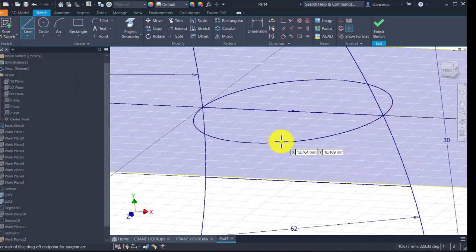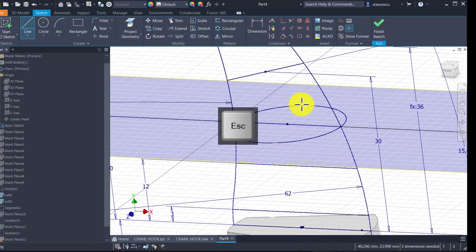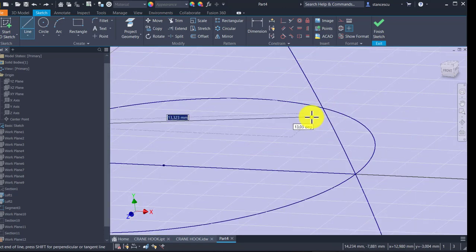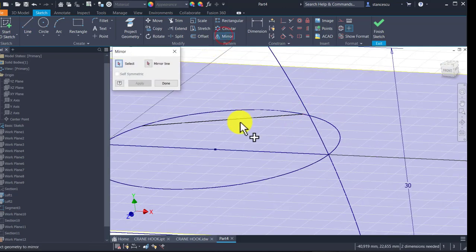Line, once again, this is not good. Now it is, if I make it larger, mirror this line about this line, apply, done.